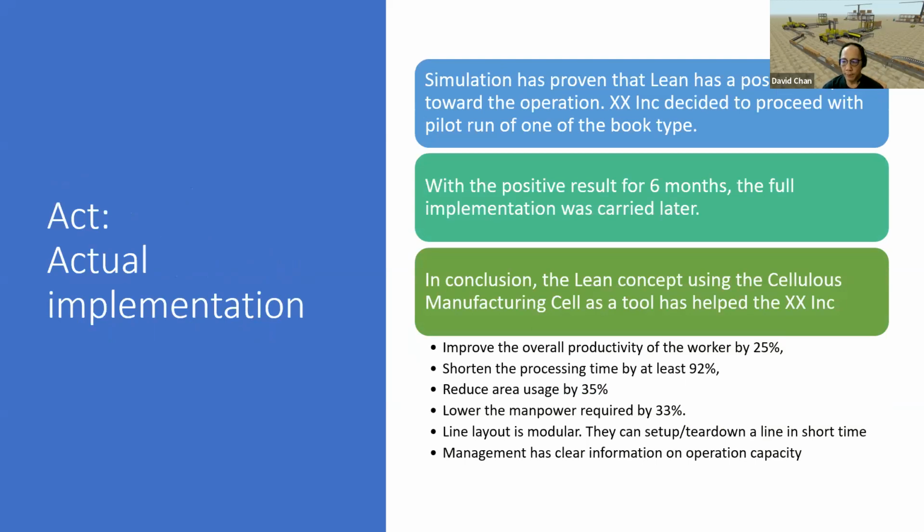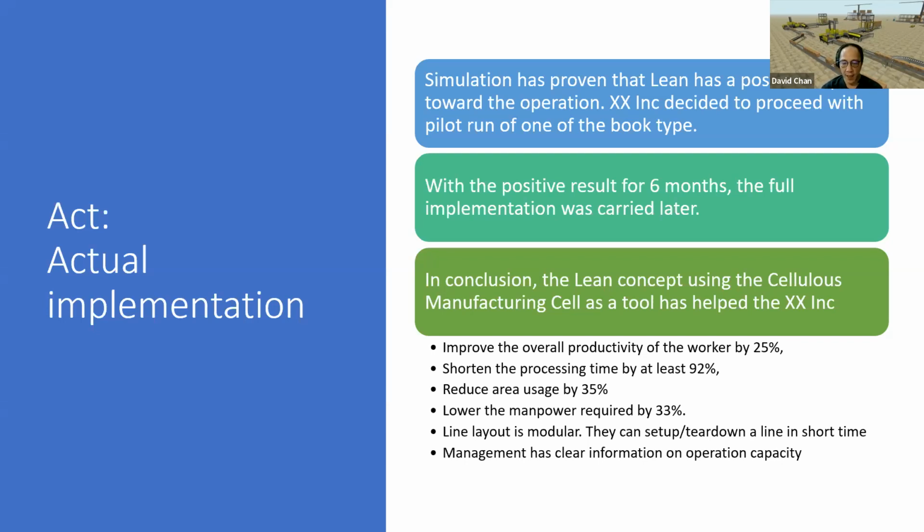So in conclusion, Lean in this case is a very good tool to help the company improve its operation. The overall productivity of individual workers improved by 25%. We shortened the processing time by at least 92%, from a few days to 2 hours.